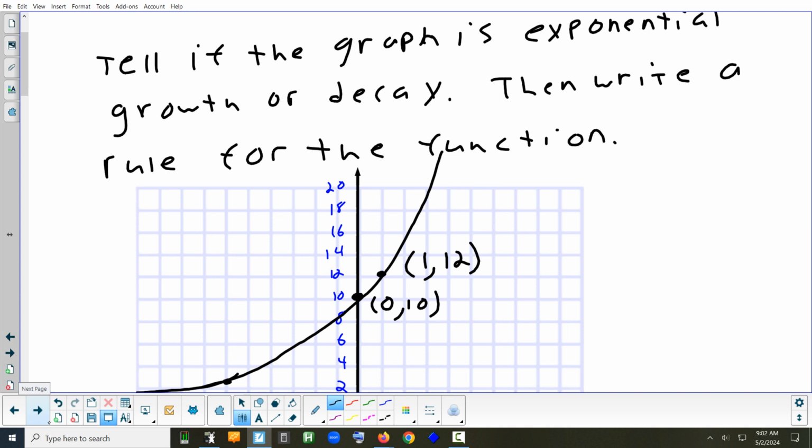First part of the question: is this exponential growth or decay? Growth, it's definitely growth. How do you know by looking at it? Because it curves upwards as you go to the right. So exponential growth.